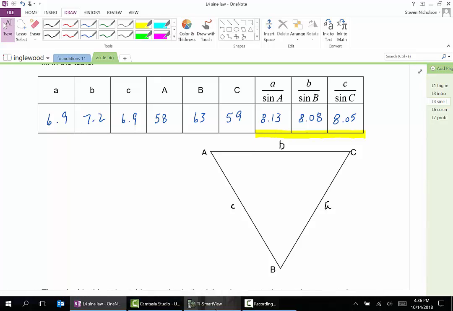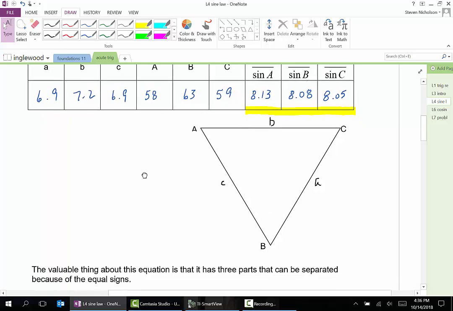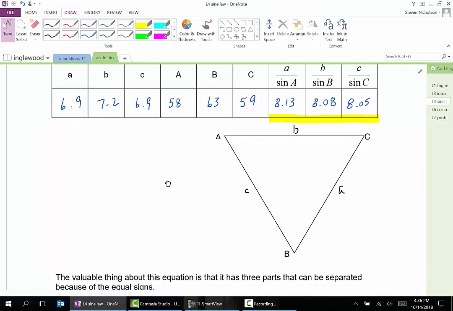What I want you to notice is that although the last three columns are not exactly equal, they're pretty much the same.